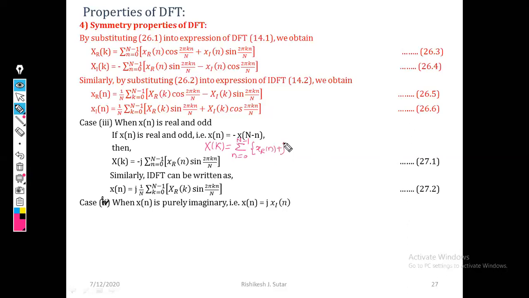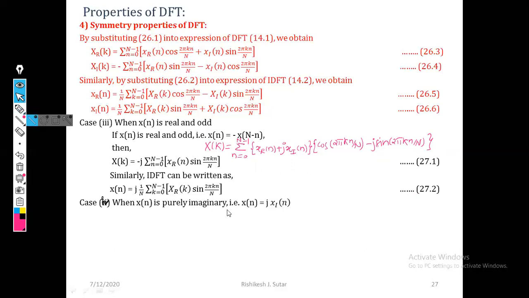x r of n plus j x i of n, multiplied by cosine of 2 pi kn upon n minus j sine of 2 pi kn upon n.